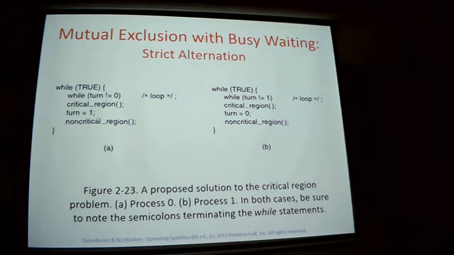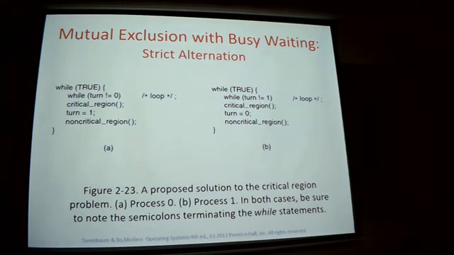So when the value of term is 1, we can get that process 0 has this. So process 1 can enter the critical region.